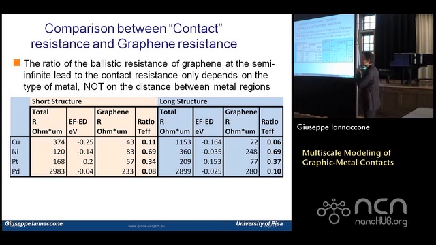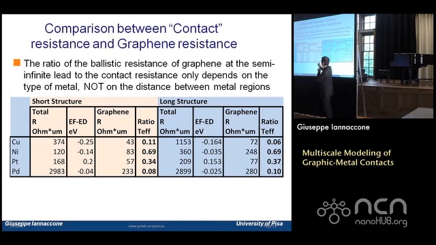The second column is the energy of the Dirac point at the cut point, the point in which we introduce the semi-infinite lead. The third column is the ballistic resistance of the graphene lead that we introduce.